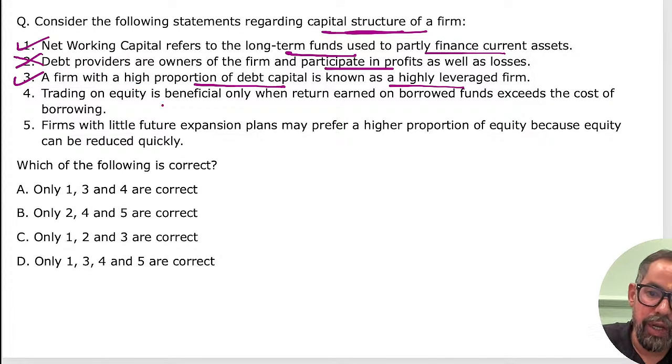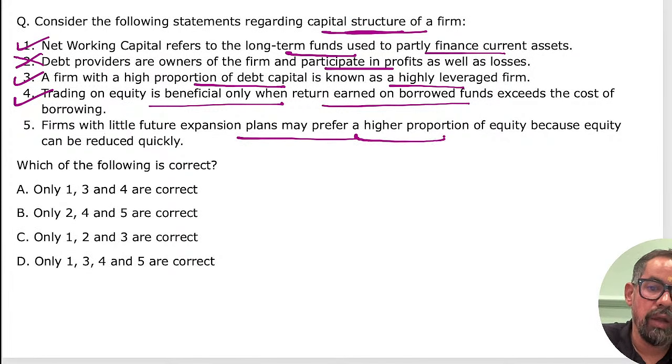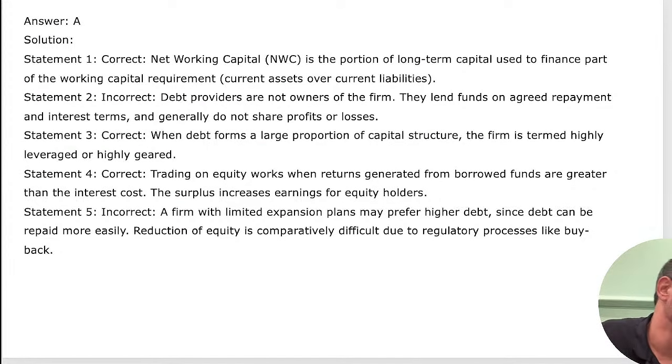Yes. Trading on equity is beneficial only when the return earned on borrowed funds exceeds the cost of borrowing. Absolutely right. Then next one, a firm with little future expansion plan may prefer a higher proportion of debt, not equity. They should prefer a higher portion of debt, not equity. So 1, 3, 4 means option A should be the right answer for this one.